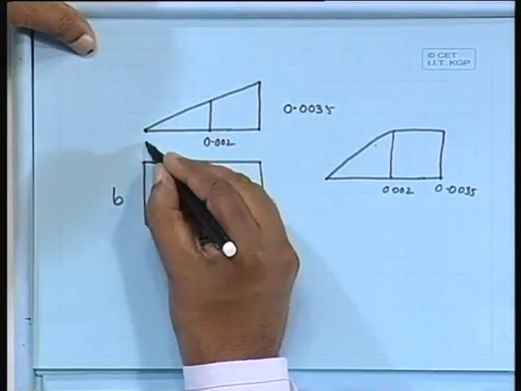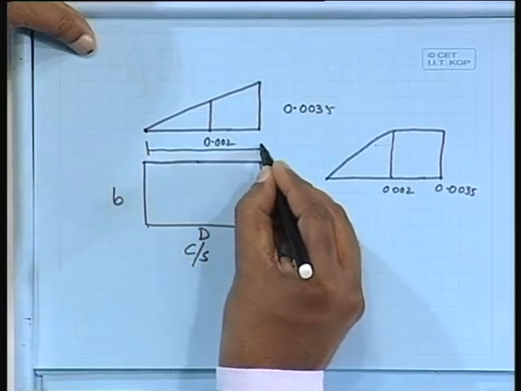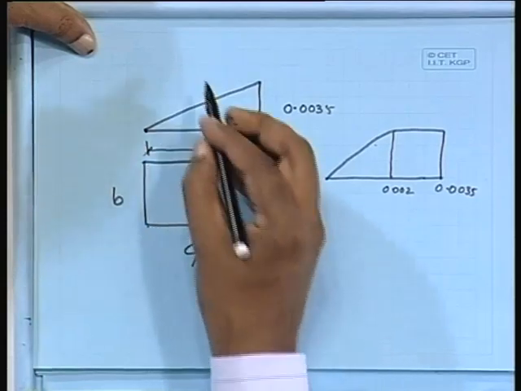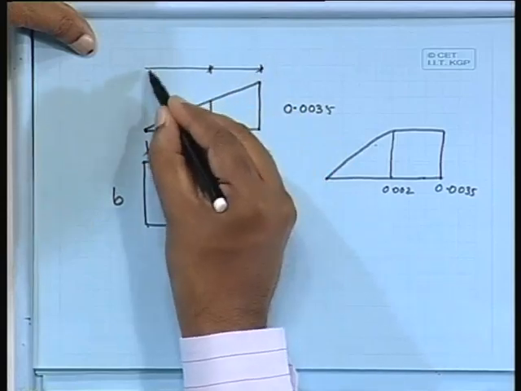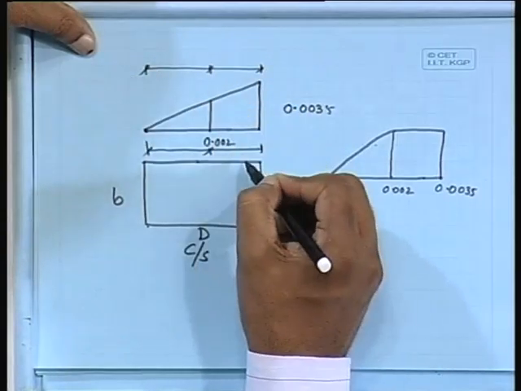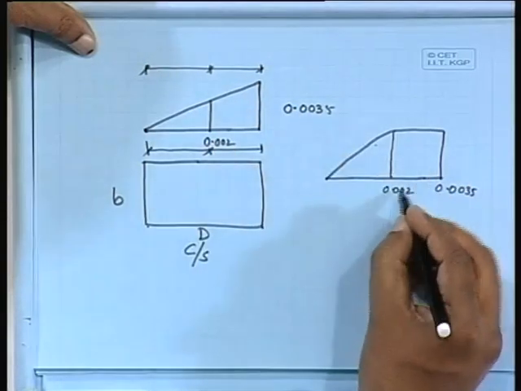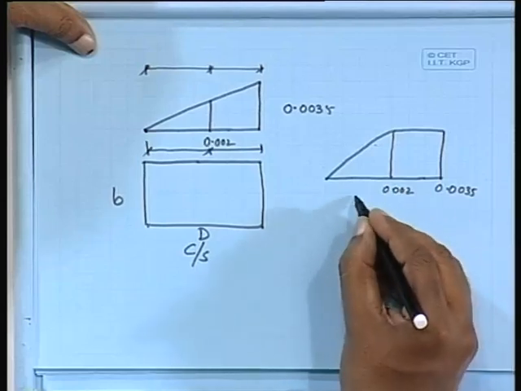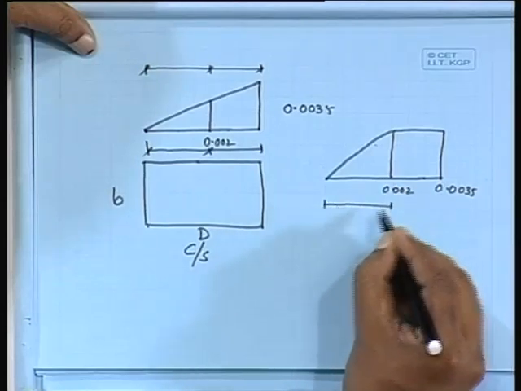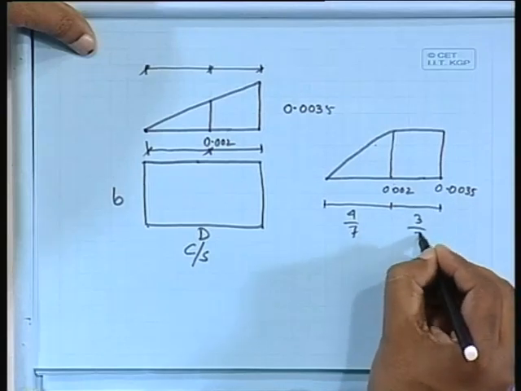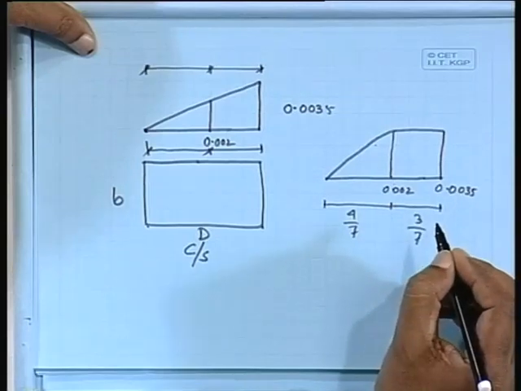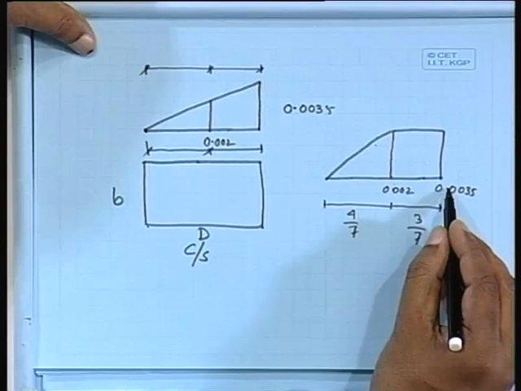So, how much is this portion? We have two parts. One part, 0.002, means it will be 4/7, and this portion 3/7, 4/7 and 3/7, because of 0.002 and 0.0035.